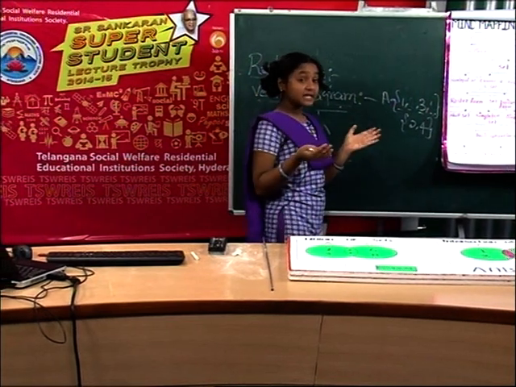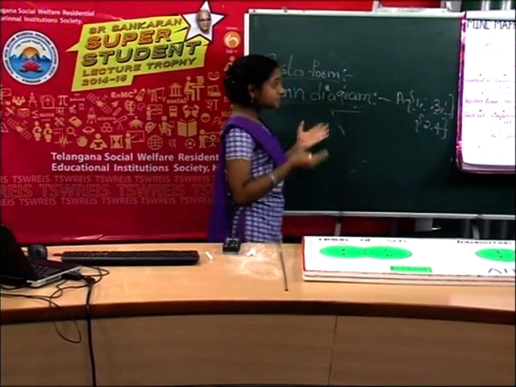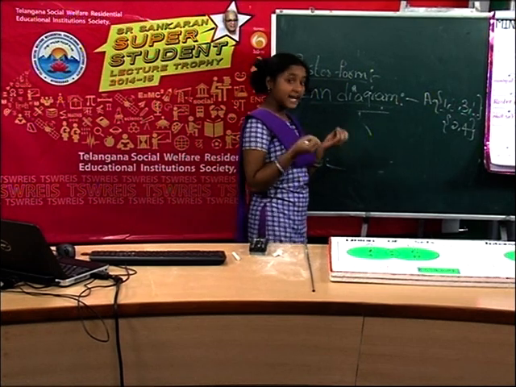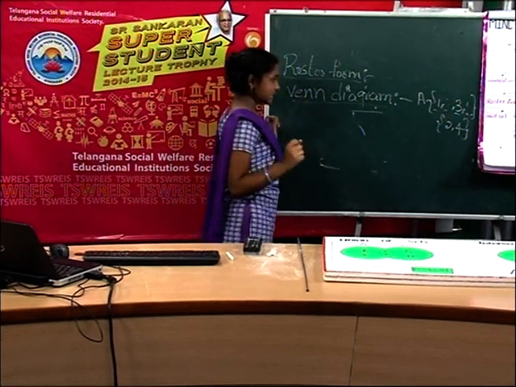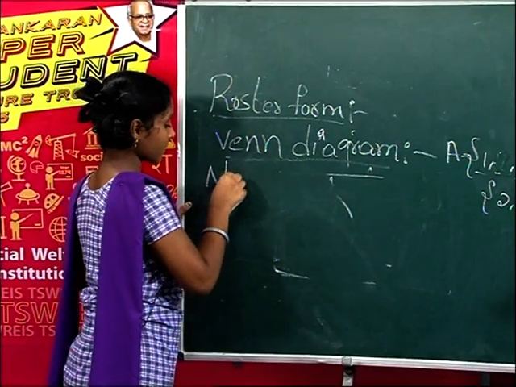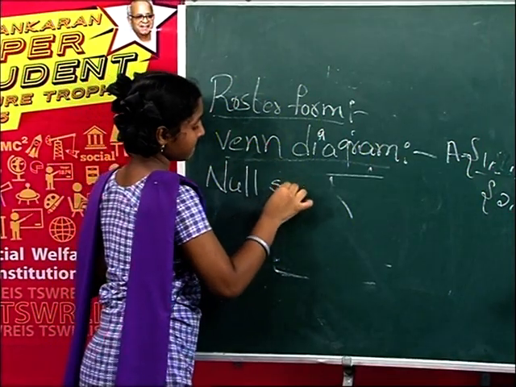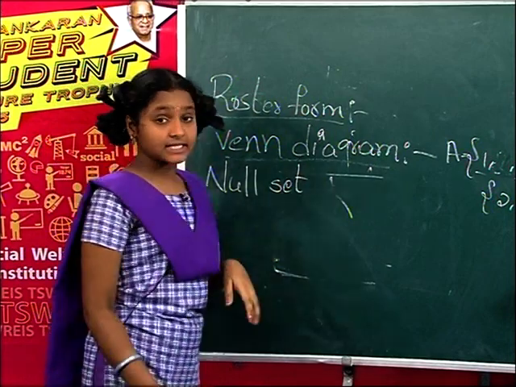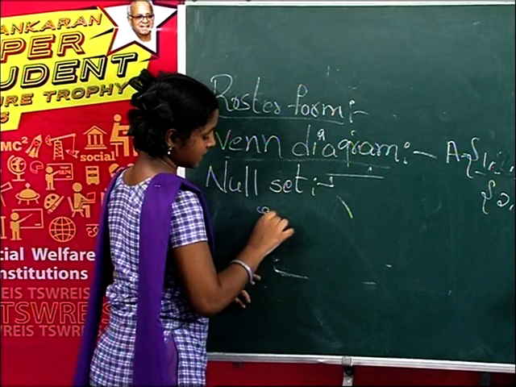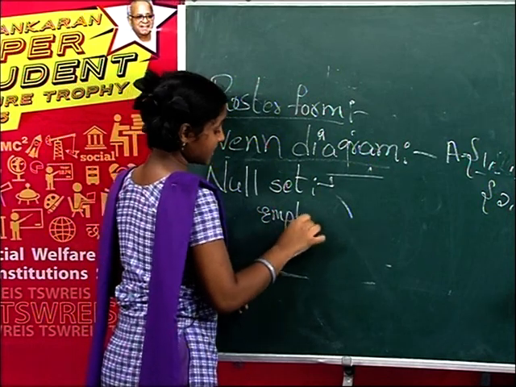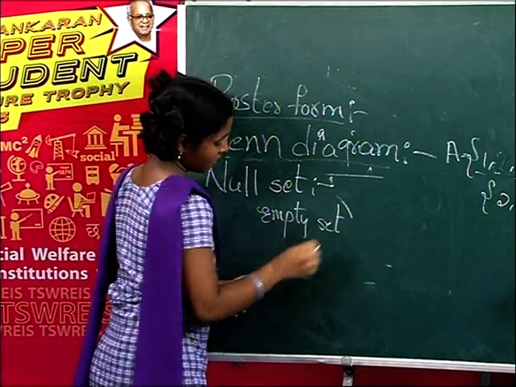Types of sets means the different kinds of sets. The first one is the null set. The null set can be called the empty set or void set.